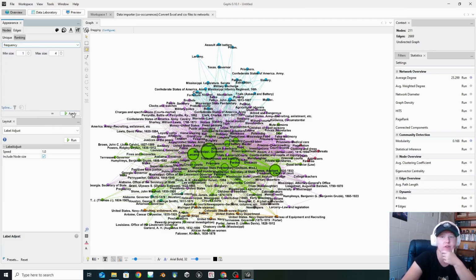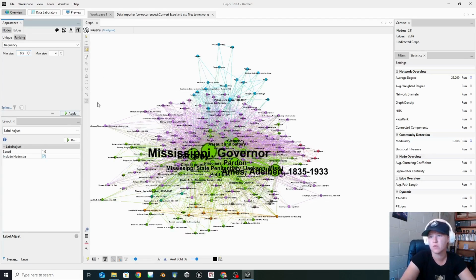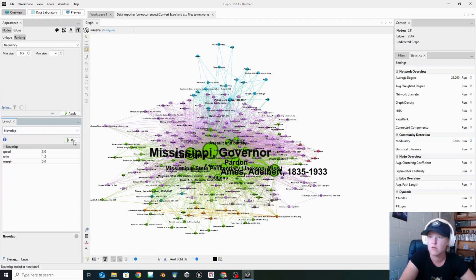So I'm going to do it by frequency. I'm going to apply this, but then I'm going to reduce my max size down to 0.5 so that hopefully some of these ones are going to disappear a little bit, and we can start to actually see these different bits a little bit better. I'm going to run a no overlap, and then another expansion on this.